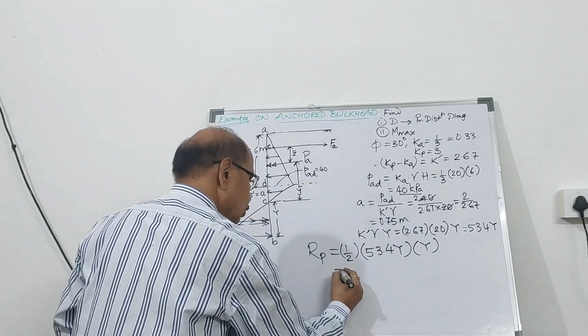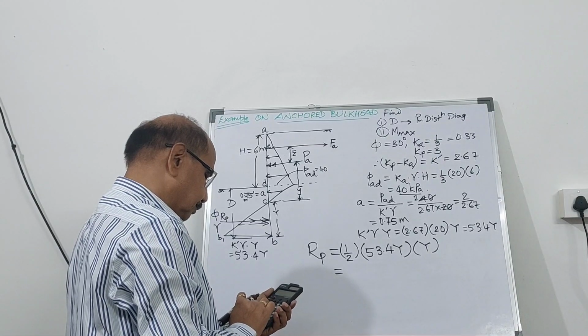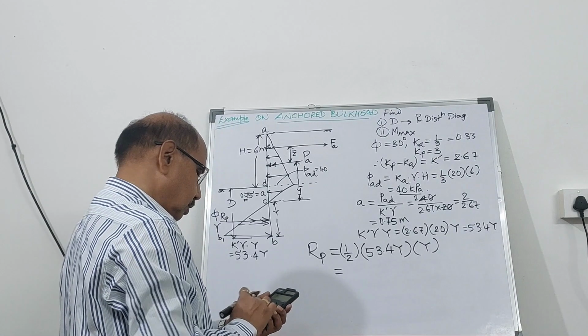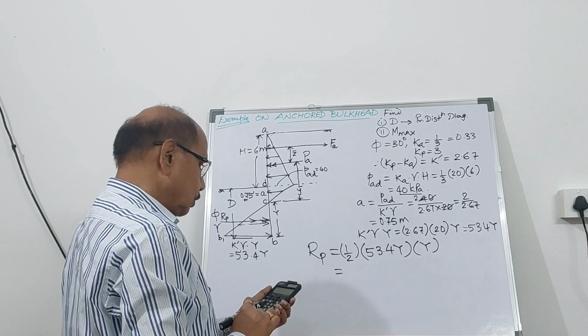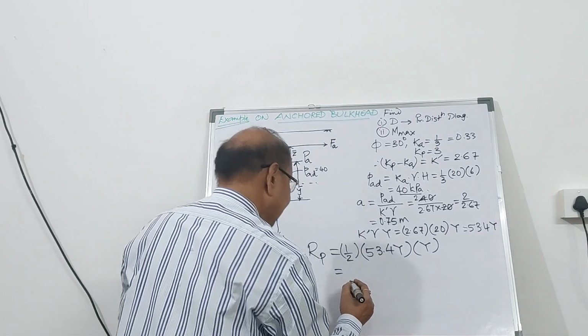So this, if you simplify it, 53.4 divided by 2, 26.7.